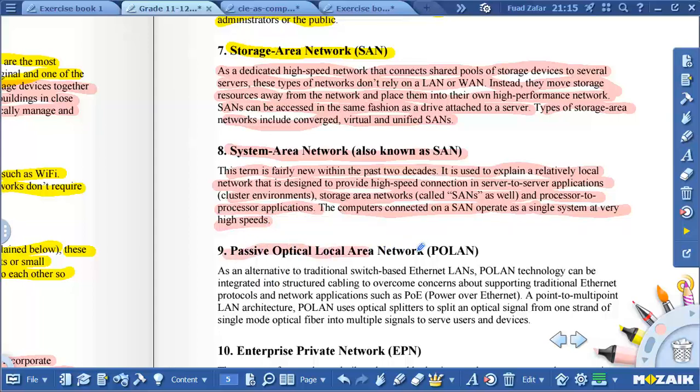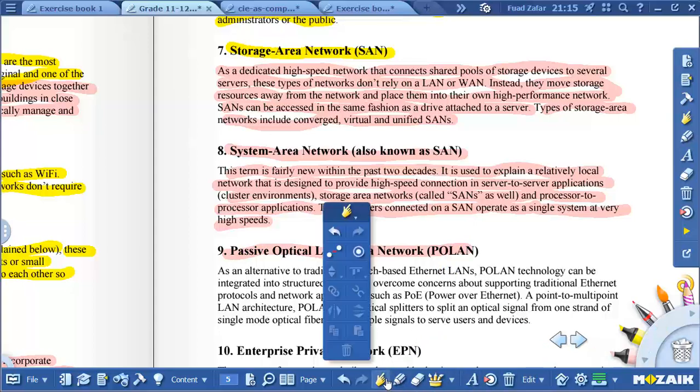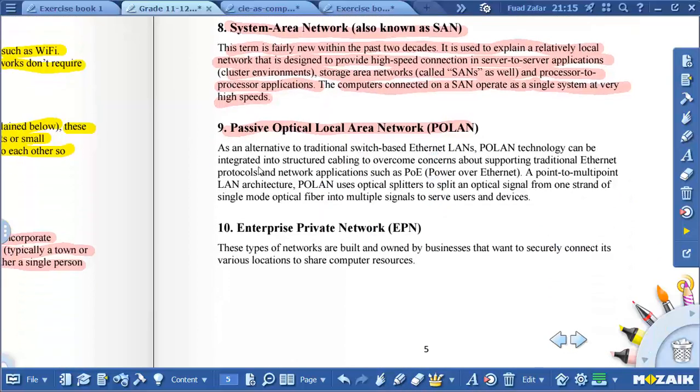Passive optical local area network, POLAN. As an alternative to a traditional switch-based Ethernet LAN, POLAN technology can be integrated into structured cabling to overcome concerns about supporting traditional Ethernet protocol and network applications such as PoE.